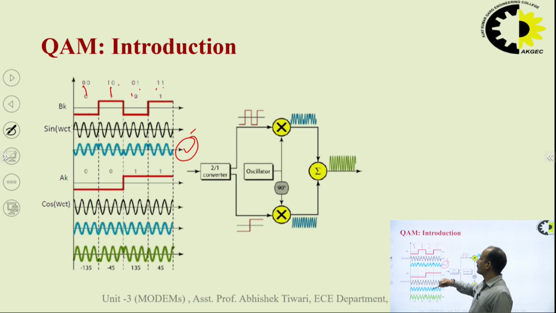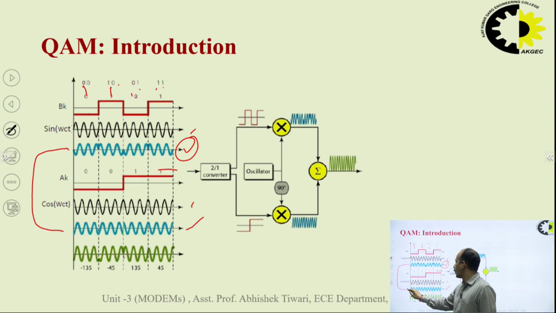Similarly, for the even bit sequence you take 0, 0, 1, 1, and modulate with the cosine, again getting the even modulated signal. By combining both of these, you will get this.